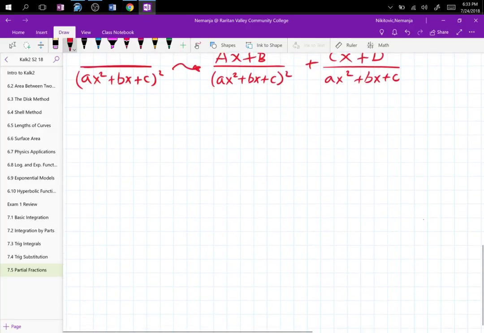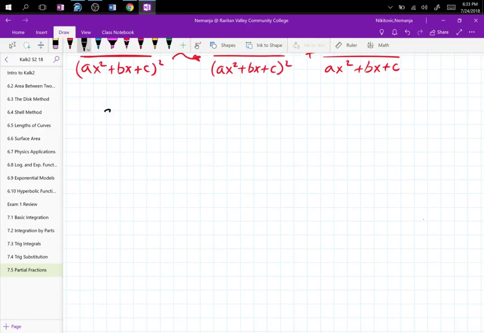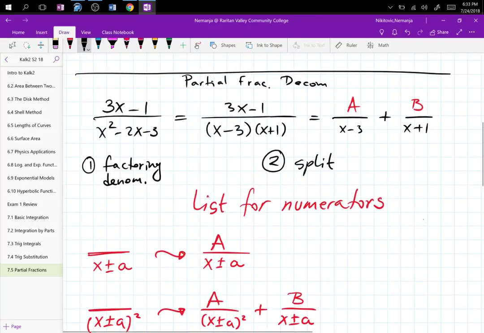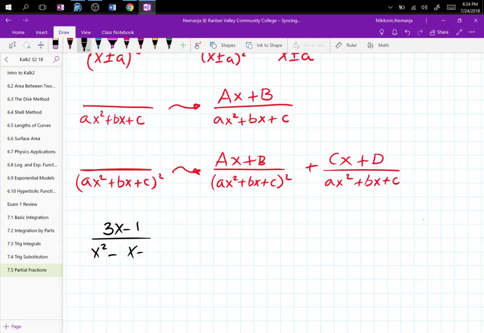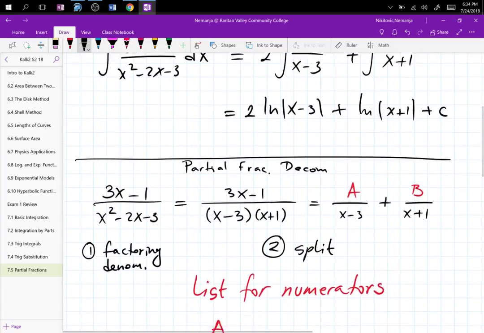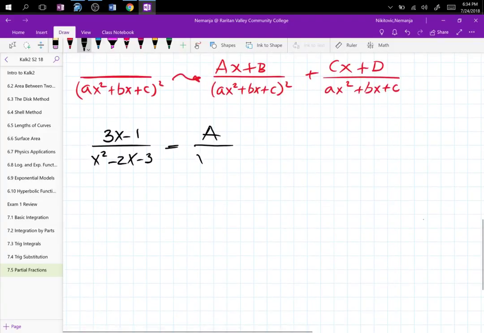So now, where am I in the problem? I am at 3x minus 1 over x squared minus 2x minus 3 is equal to A over x minus 3 plus B over x plus 1.